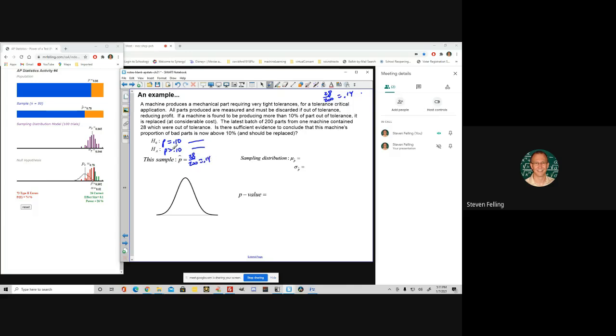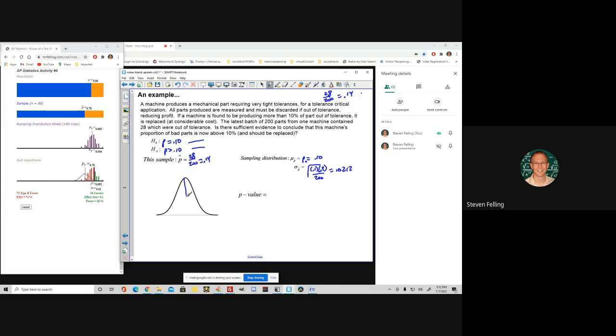So that's some evidence that the alternate is true, but that's just in the sample. We have to determine what's happening for the population of all parts produced. Okay, we would figure out what the sampling distribution is, right? This is going to be the historic value for the null hypothesis value, so 10%. And we would have the square root of P times Q over the sample size, which was 200 parts, which would turn out to be 0.0212.